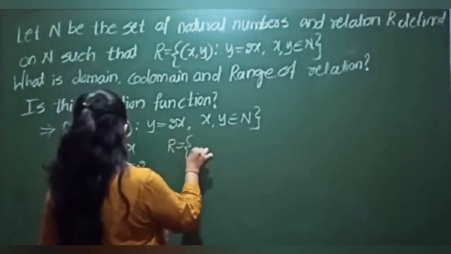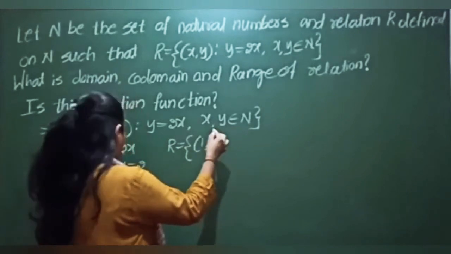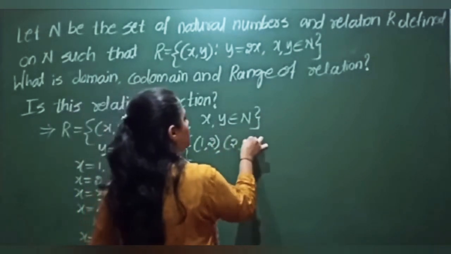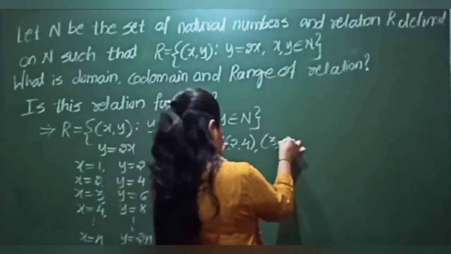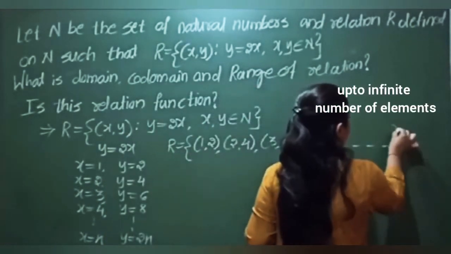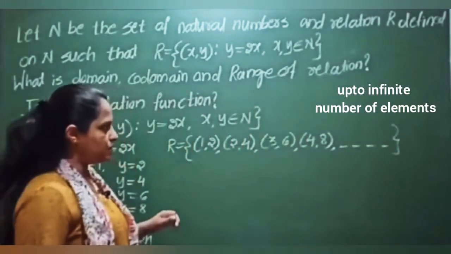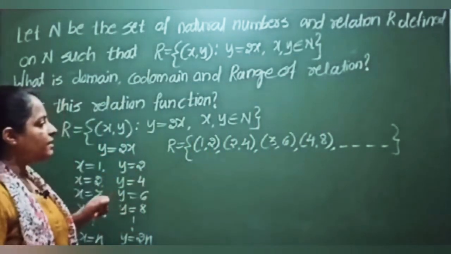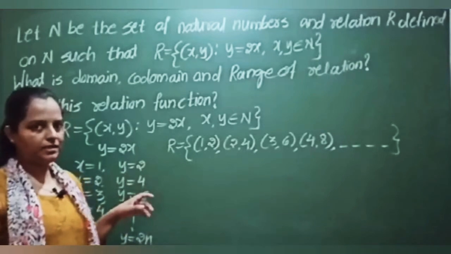So what relation are we getting in roster form? (1, 2), (2, 4), then (3, 6), (4, 8), and then this continues up to n number of elements. So this is the relation. Now let's think about its domain. What is the domain?